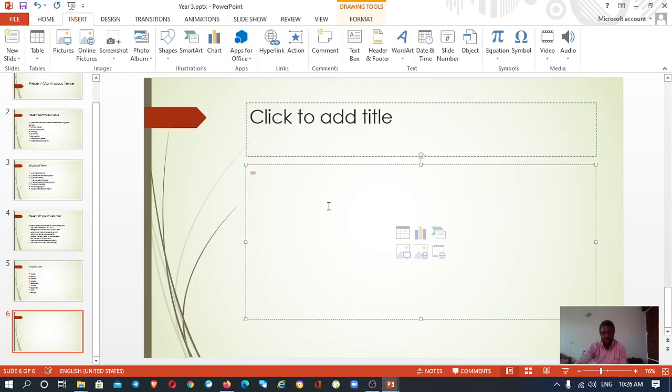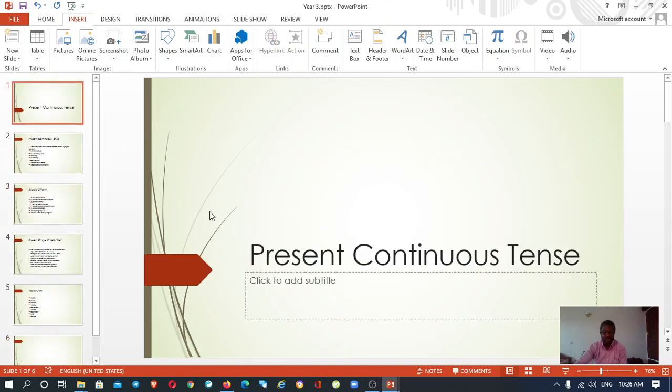Before we can move on to the future with will, which is where we are supposed to be now, if you don't understand the other ones I've mentioned, it will be difficult for us to continue with will, which is the future. That's why I'm going back to the other tenses that I thought must have been taught to you. So today we'll be looking at the present continuous tense.